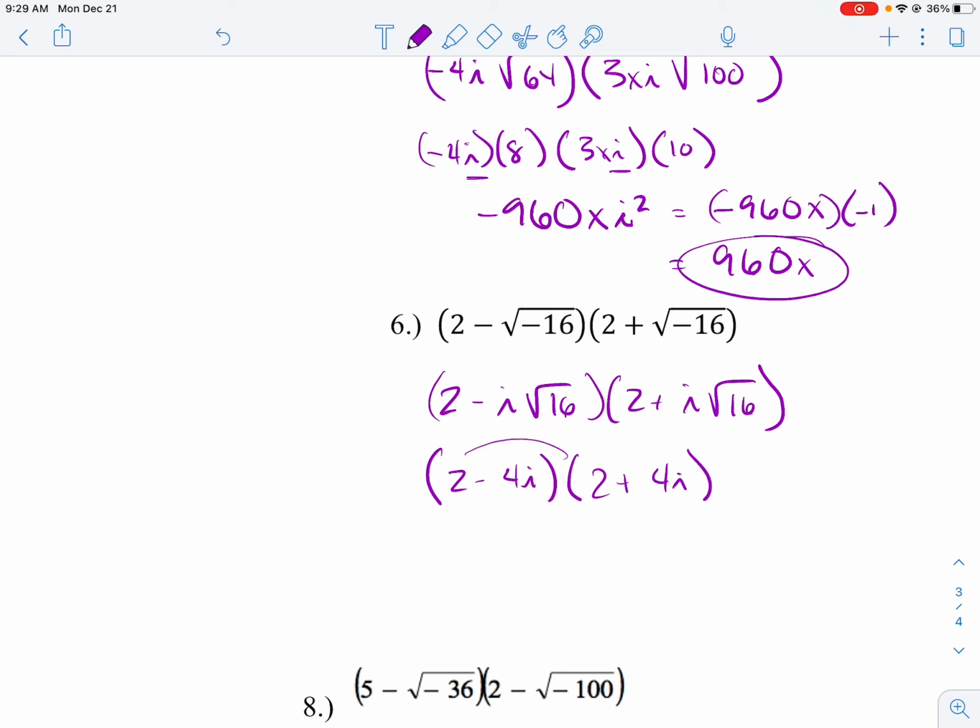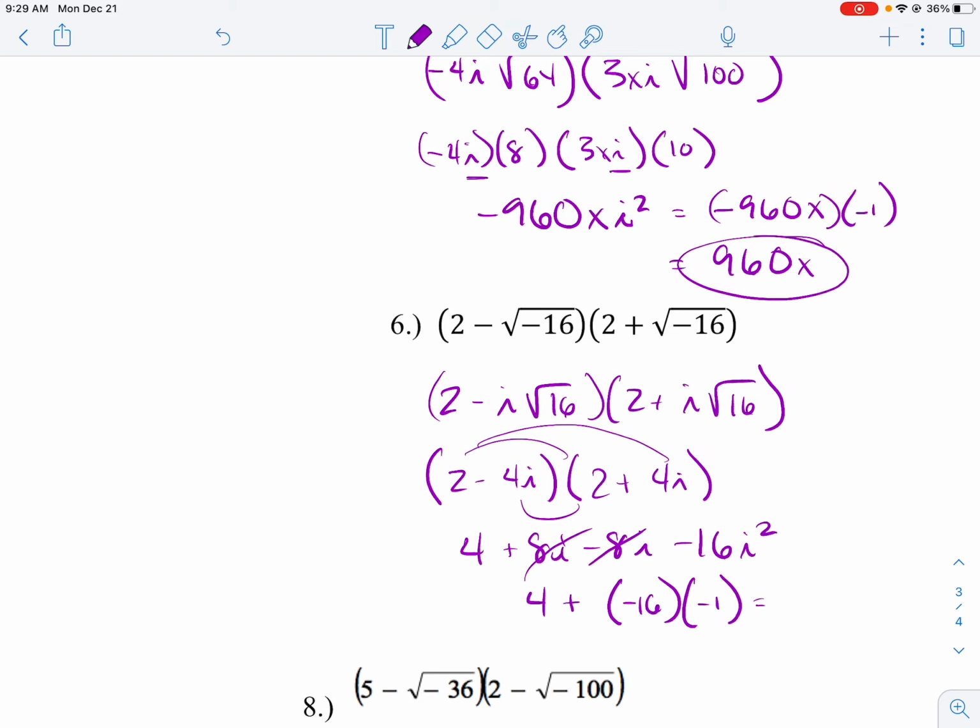So I'm going to go 2 times 2 is 4, 2 times 4i is 8i, negative 4i times 2 is minus 8i, and then negative 16i squared. These guys cancel, so I get 4 plus, and so I get a negative 16 times, what's i squared equal to? A negative 1. So we end up getting 4 plus 16, which is just equal to 20.